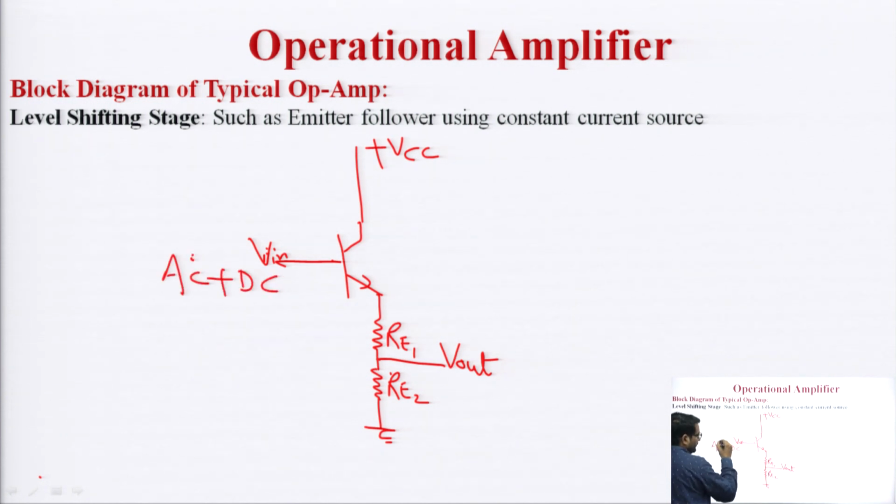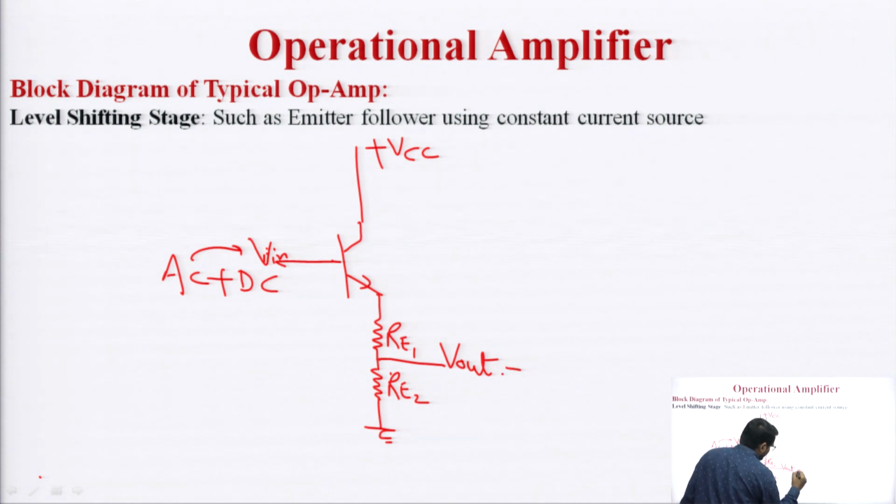Both signals are applied at the input of the level shifting stage, and we get the output Vout as only the AC signal, not the DC.